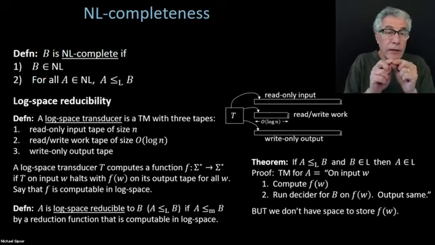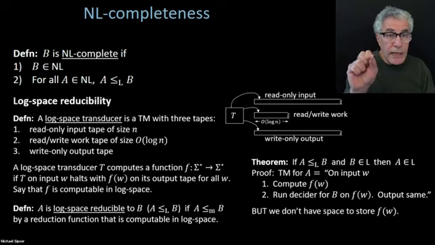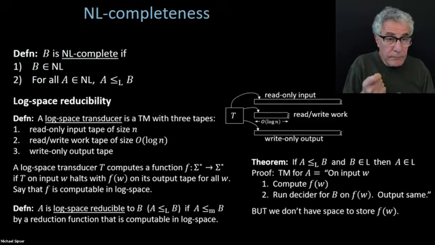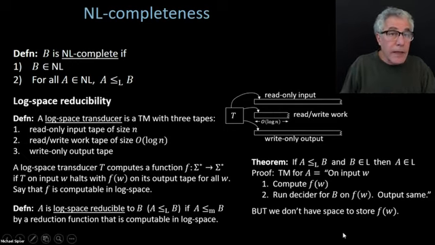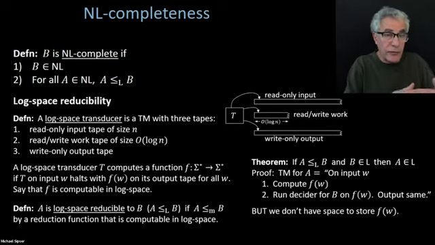So if the decider for B is reading the 10th symbol of f of w, we fire up the transducer on w. And as it's writing out its output, which we don't have space to store anymore, we throw away all of the output values until we get to the 10th one.